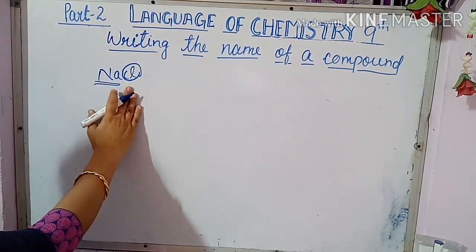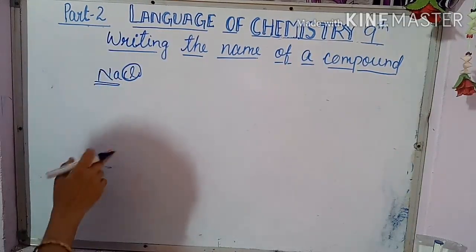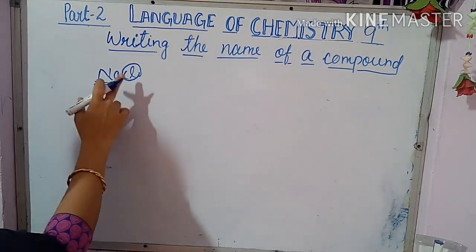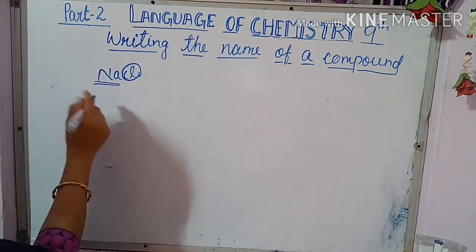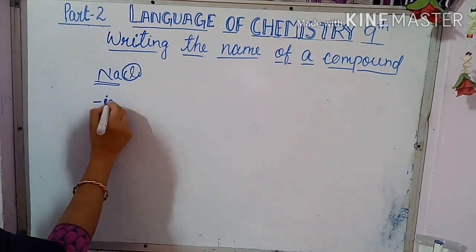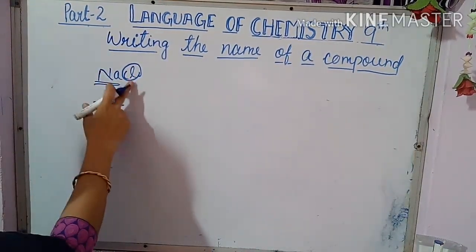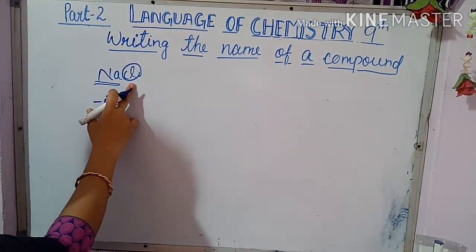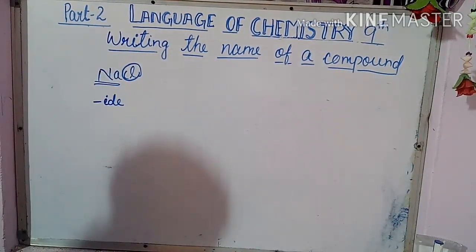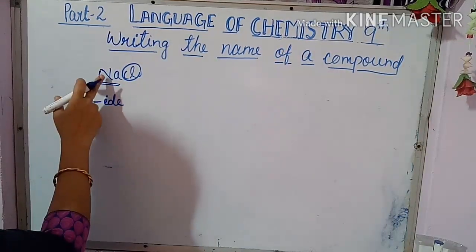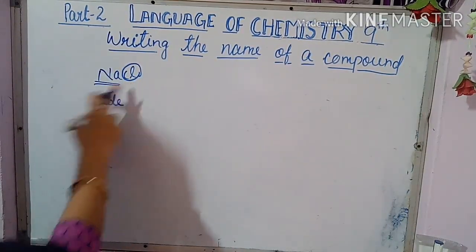So you just remember here, whatever the negative ion, if it is one element only, then your suffix will be IDE. Suppose a metal is forming a compound with a non-metal, or a non-metal is forming a compound with a non-metal. For example, sodium is a metal, forming a compound with a non-metal.